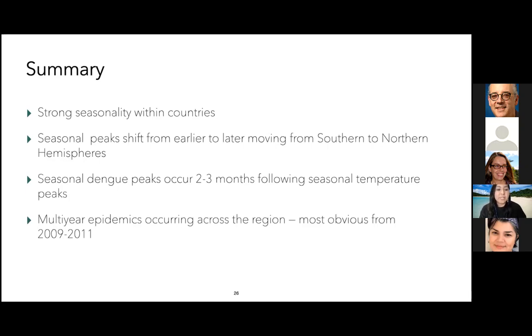We also see some evidence of multi-year epidemics at the regional level. The most obvious pattern seems to be from 2009 to 2011, though we're limited in seeing more given the length of the time series data available. But I think that gives us nice evidence of interesting synchrony and multi-year dynamics occurring across the region.